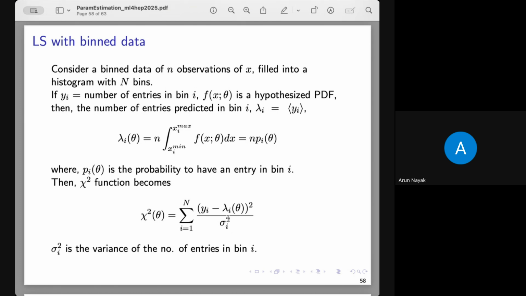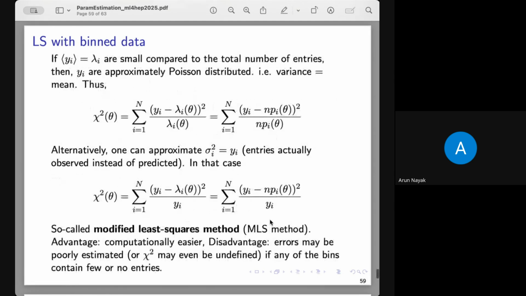If we treat the number of events in each bin as Poisson distributed, then the variance will be equal to the mean, so we can replace the variance by its mean lambda i, which is n times pi of theta.